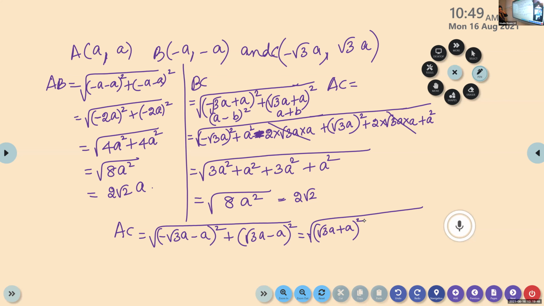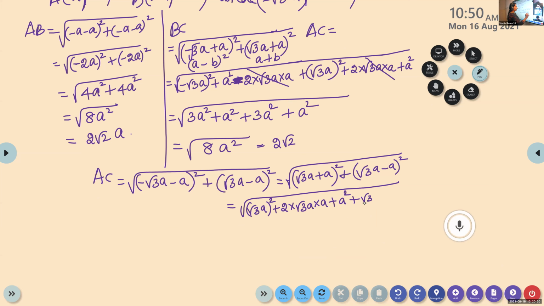When both the terms are negative, we can take one minus outside. So it will be the same as a plus b the whole square plus root 3a minus a the whole square. Now expand it: root of root 3a the whole square plus 2 into root 3a into a plus a square, again plus root 3a the whole square minus 2 into root 3a into a plus a square.